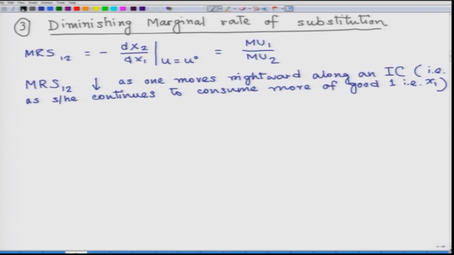Now, if we want to show this graphically, then let us draw this graph. So, x1 measured along the horizontal axis, x2 quantities of quantity 2 measured along the vertical axis, and we have an indifference curve convex to origin, a conventional indifference curve denoting utility level u naught.